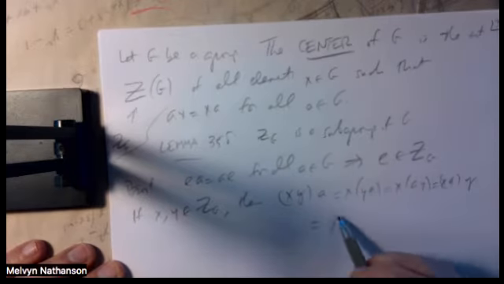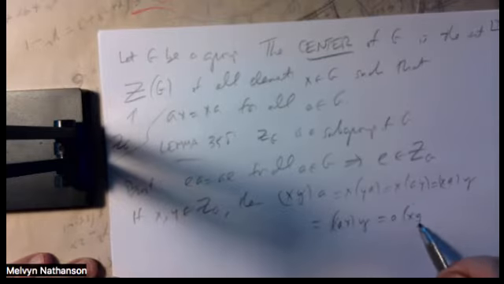And again, by associativity, this is X times... make sure I'm doing this right. Yes, XA is the same, because X is in the center, as AX times Y. And by associativity, this is A times XY.